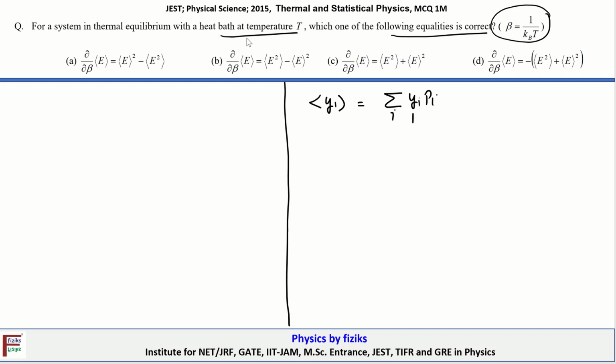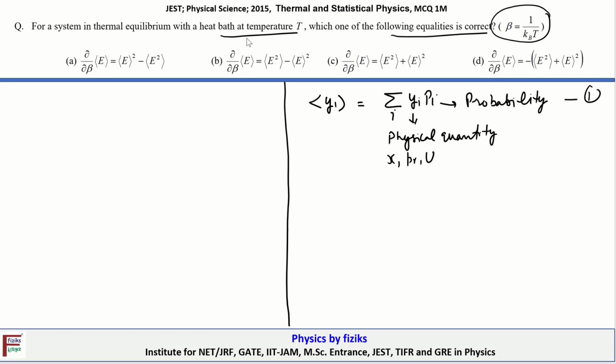So here y stands for any physical quantity, it could be position, for instance x, it could be momentum, it could be total energy or the potential energy. And pi is the probability. Let's call this equation 1.